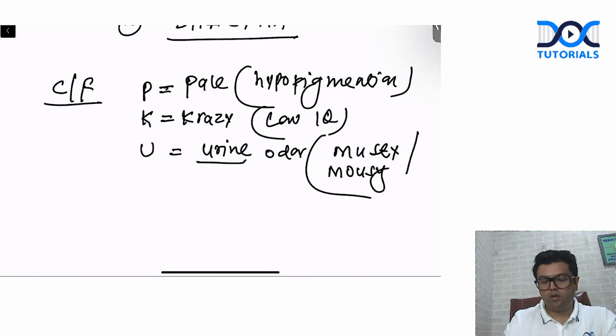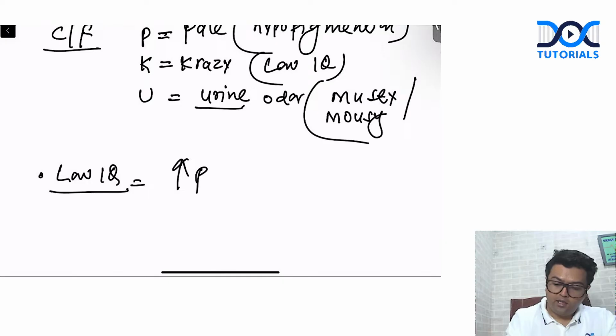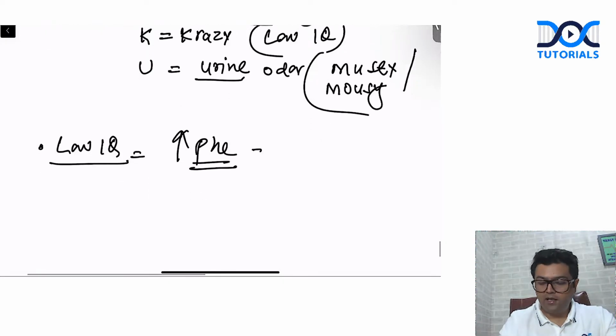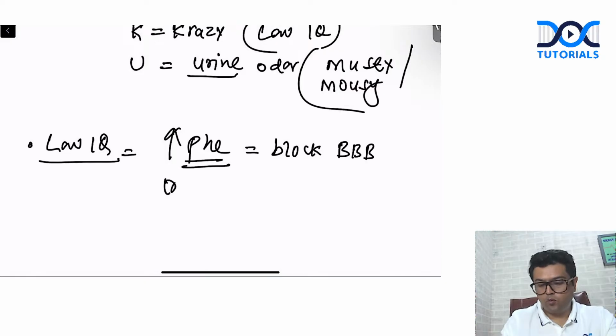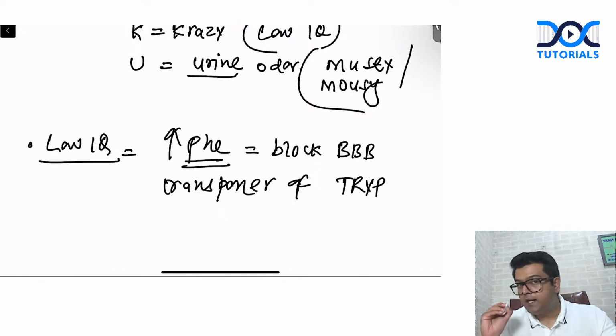So PKU. Now, guys, you can also explain why there is low IQ, because a high amount of phenylalanine is there. And this phenylalanine blocks the blood-brain barrier transporters of other amino acids which are also of the same size, aromatic amino acids, right?